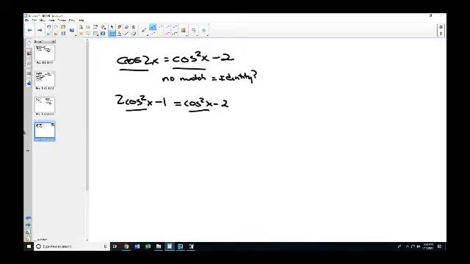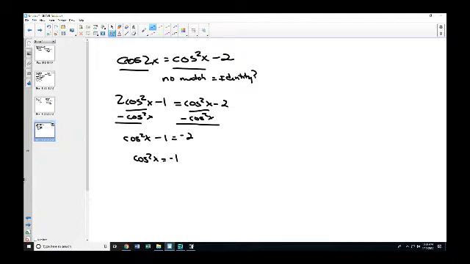We can subtract cosine squared from both sides. What's 2 minus 1? 1. And then add 1, right? Cosine squared... Is that possible?